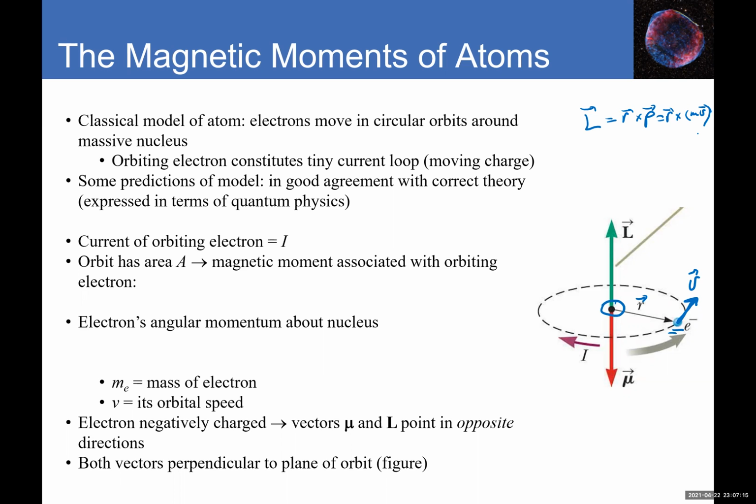Remember, p is the linear momentum, which can be represented as mv. So this can be simplified into r m v: distance times mass times speed of the particle, which gives the magnitude of the angular momentum.